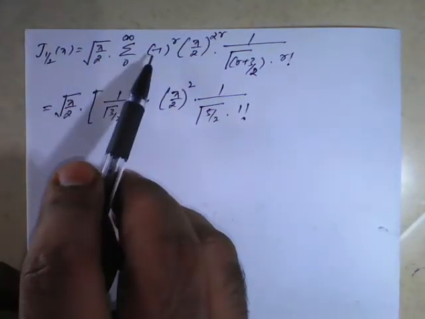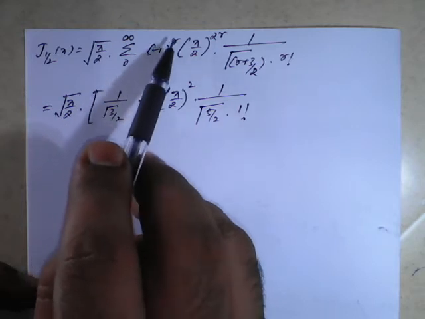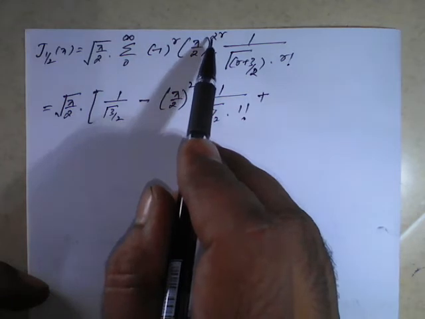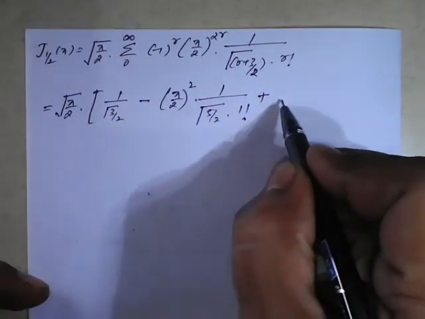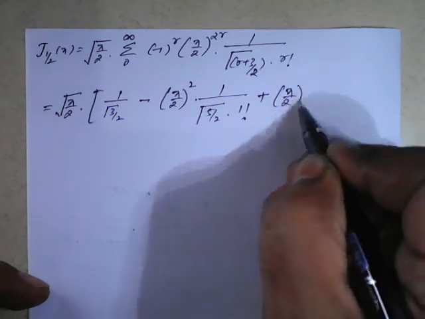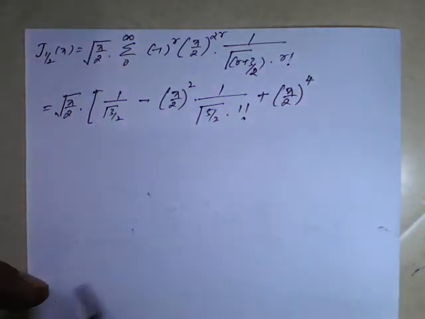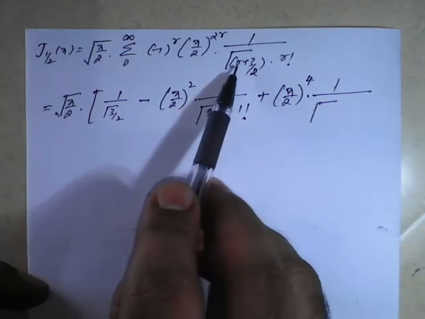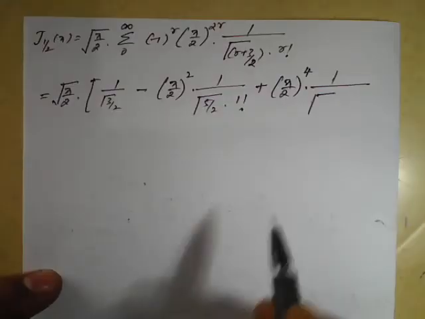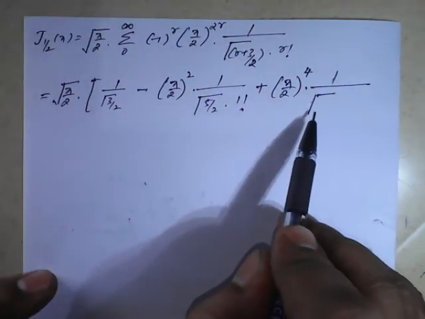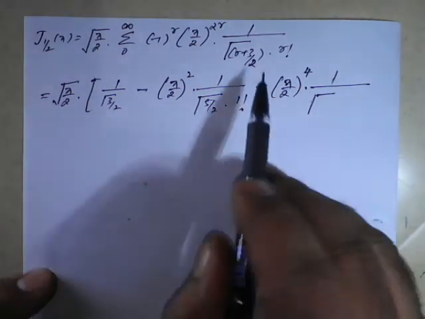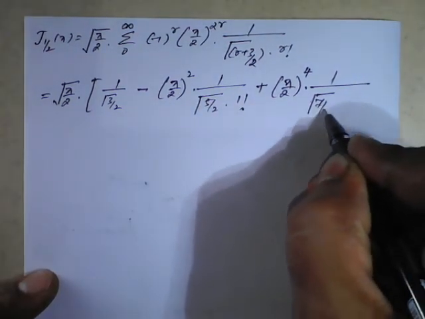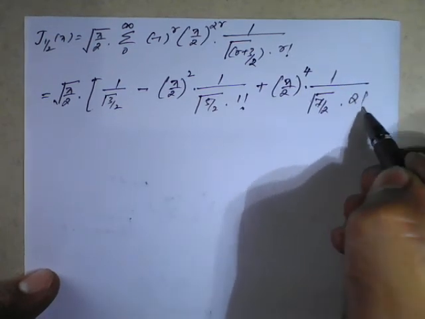Next, when r is 2, minus 1 raised to 2 is plus 1, so I will mention the plus sign. X by 2 raised to 2r, where r value is 2, 2 twos are 4, so it will become x by 2 raised to 4, into 1 upon gamma of r plus 3 by 2, which will become 7 upon 2, into 2 factorial.